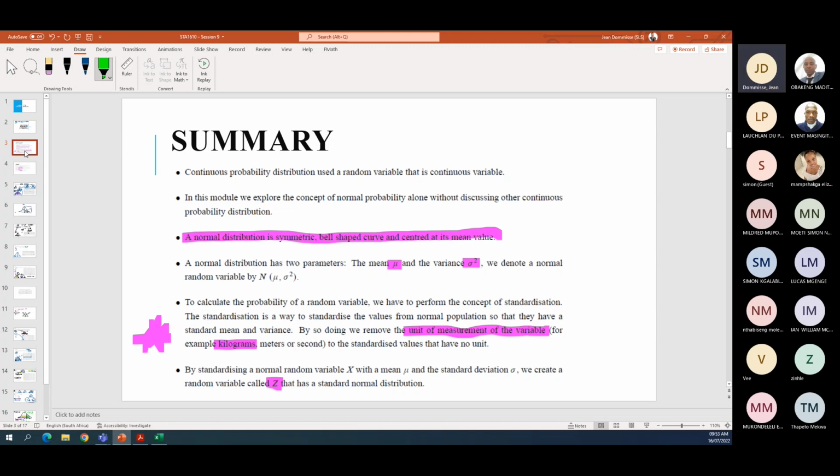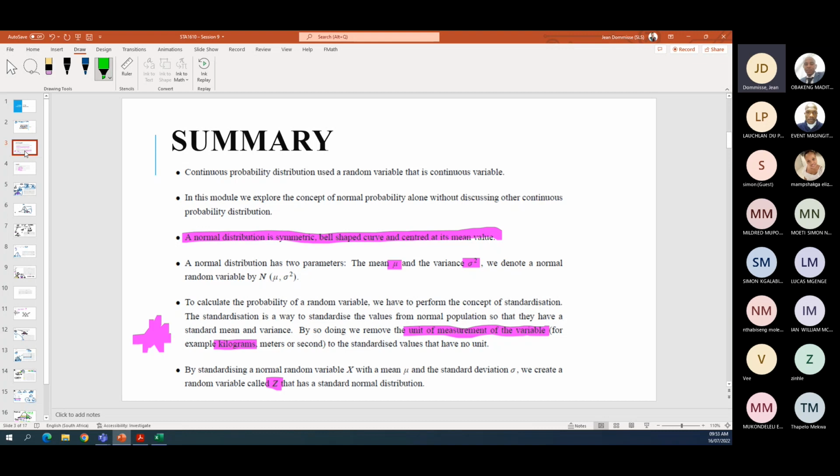When we now go into chapter 7, the only difference that will come in is that we will start talking about a sample size. So here we've been working with populations.